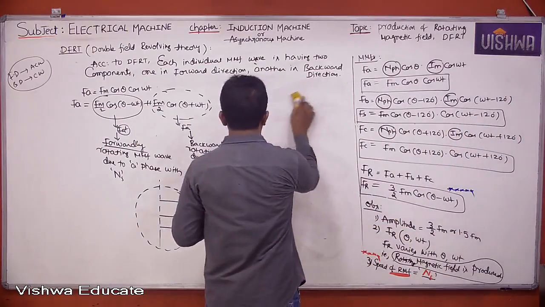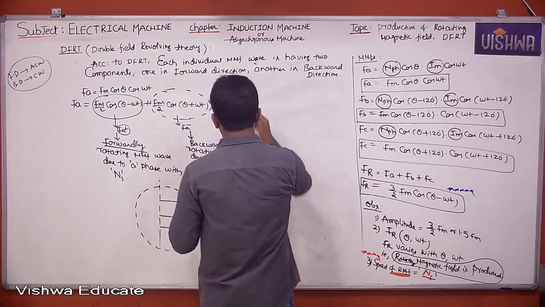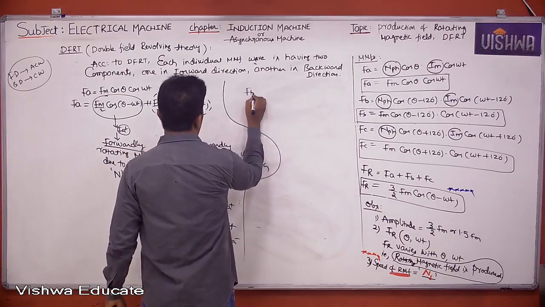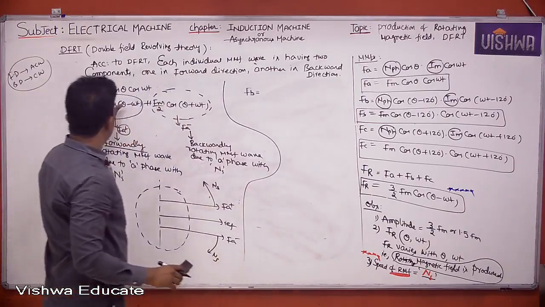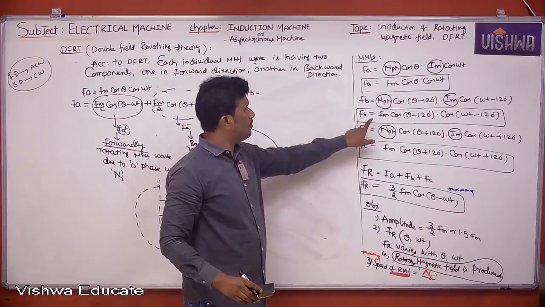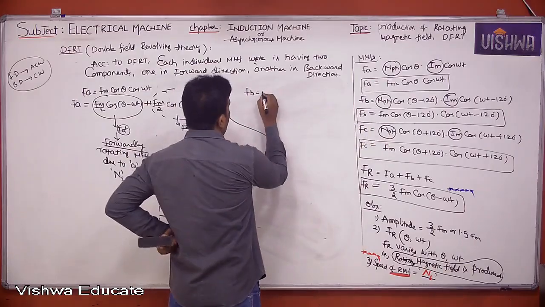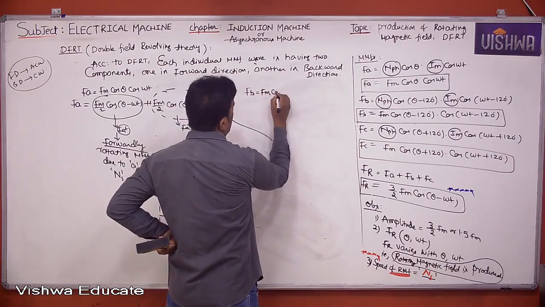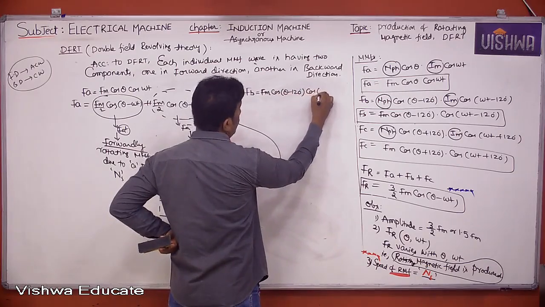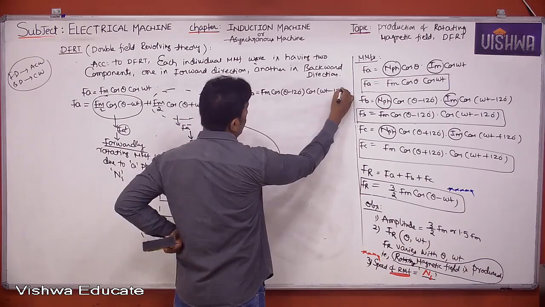We'll see. So tell me, what about the FB equation? I wrote FA means FM cos theta cos omega t, like this. So FB means, please take this one. FB is equal to FM cos of (theta minus 120) cos of (omega t minus 120).